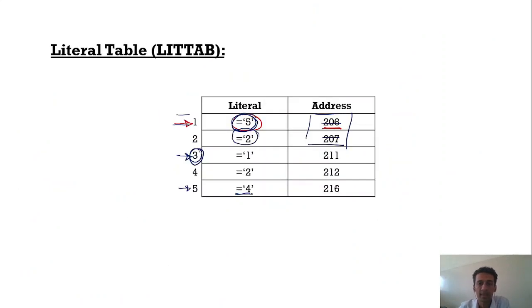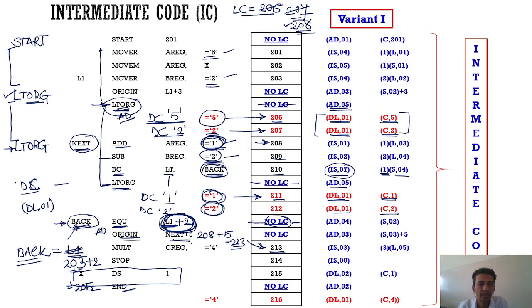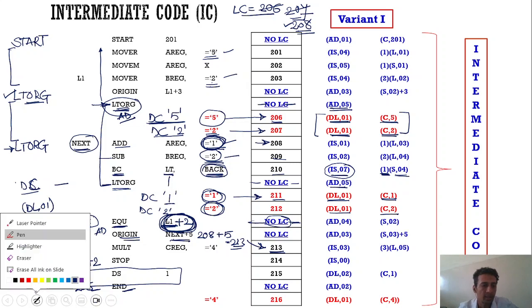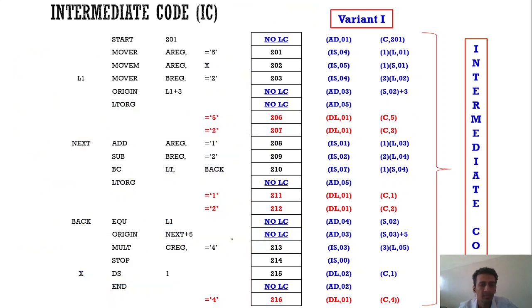In the literal table, this literal 4 was not given memory, because after using literal 4, no LTORG statement was encountered, right? We do allocate memory to literals after an LTORG statement, but this is the case where LTORG is not present.